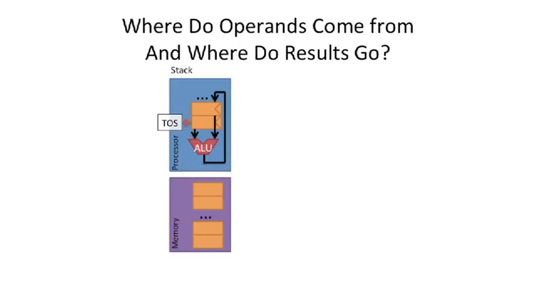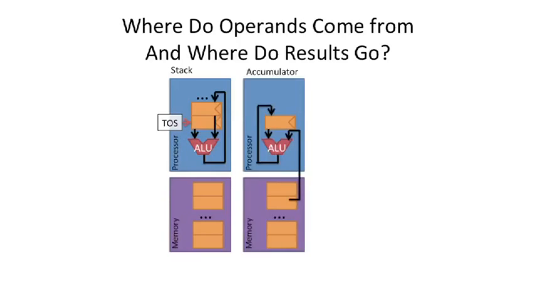Building up from there, we can think about an accumulator architecture. Typically in an accumulator architecture, if you have one accumulator, so there's only one register, one of the operands for every operation you do is always implicit. It has to come from the accumulator. The other one, let's say, can come from memory. So you have to name one of the operands in an architecture like that.